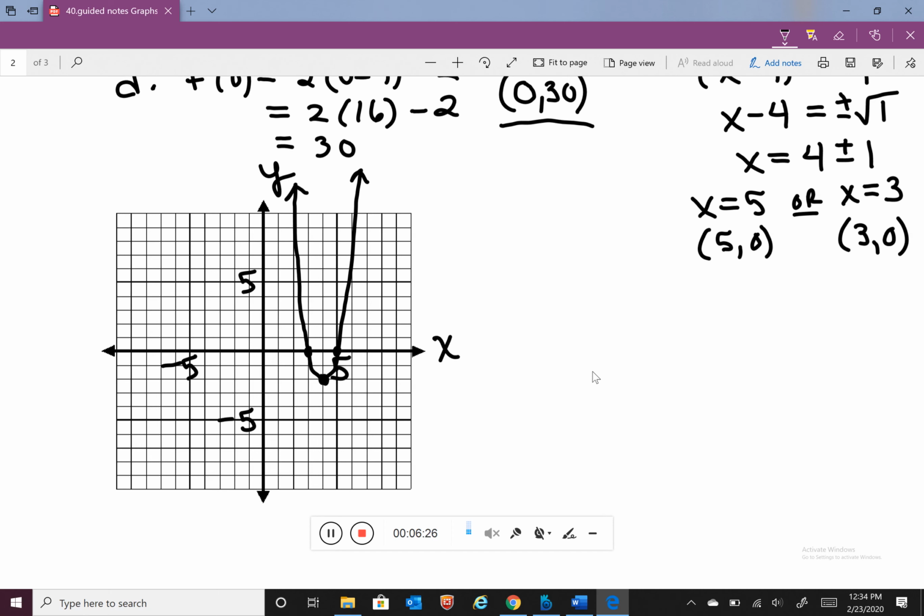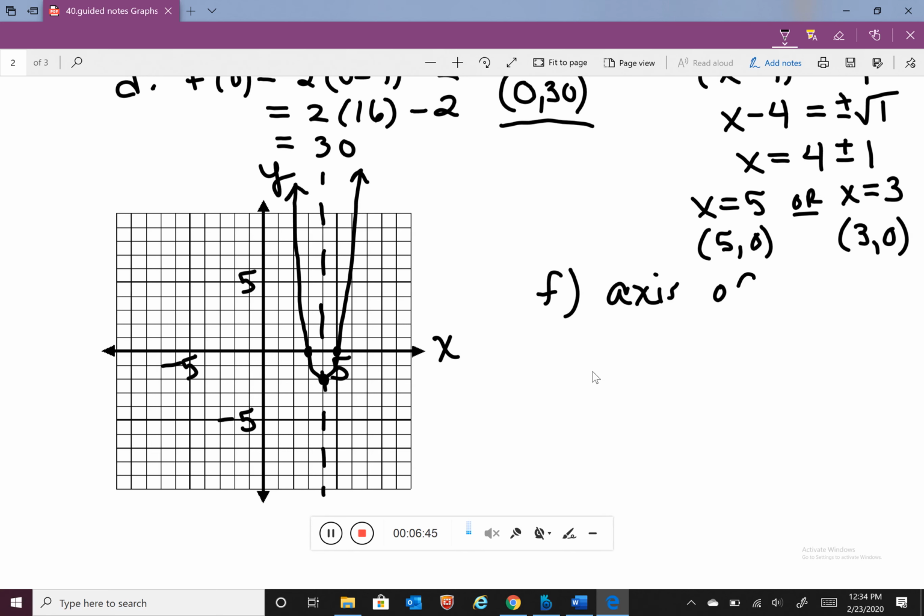The axis of symmetry is this vertical line for which my function shows symmetry, sameness, left to right. And the equation of our axis of symmetry always depends on the vertex.